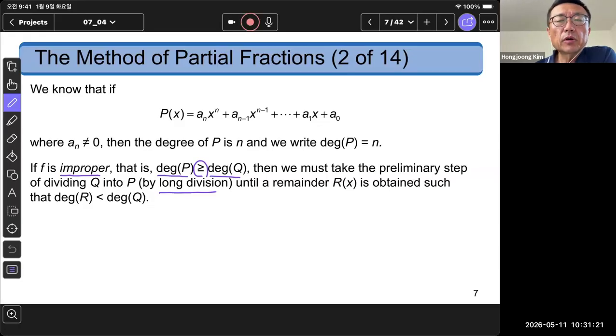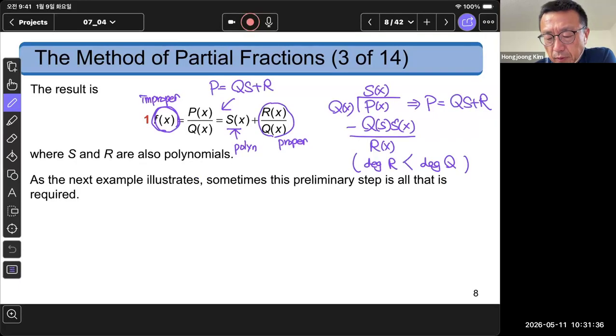But if your rational function is improper, then you need to perform the long division to convert your improper rational function into the sum of a polynomial and a proper rational function.